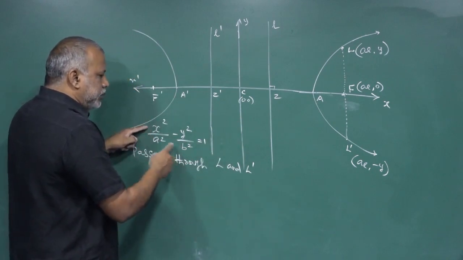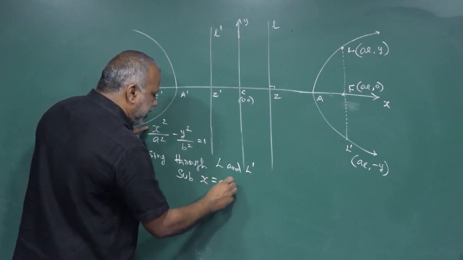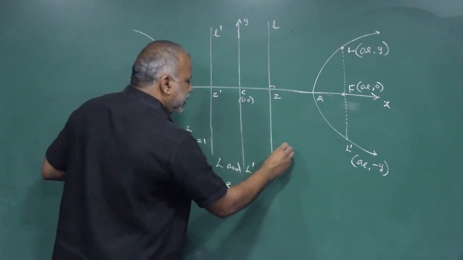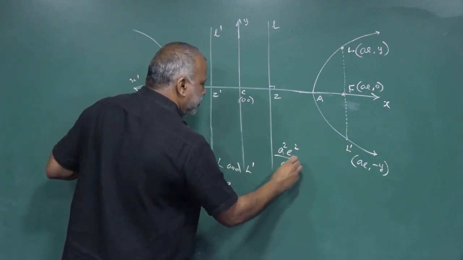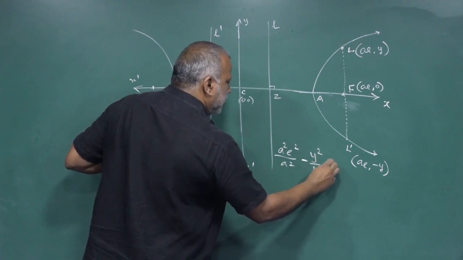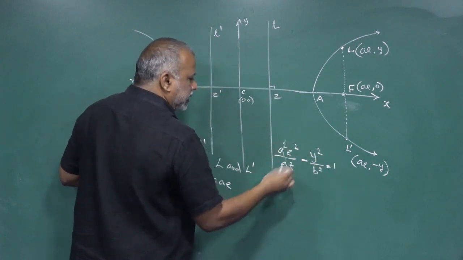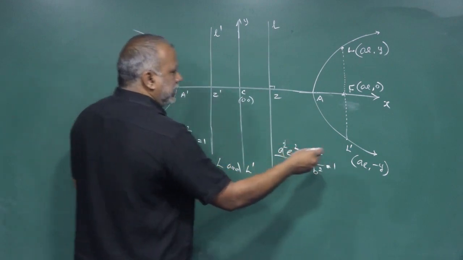Instead of x, I am substituting AE. Then what will happen here? A squared E squared divided by A squared minus y squared by b squared equal to 1. So A squared will be removed. Therefore, interchanging these two values, I can write here.